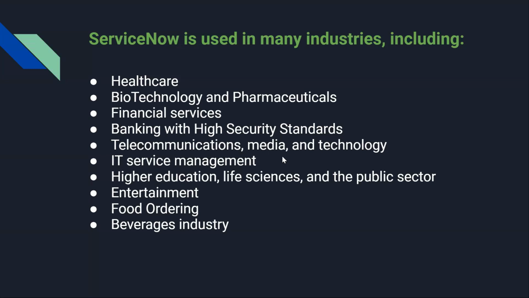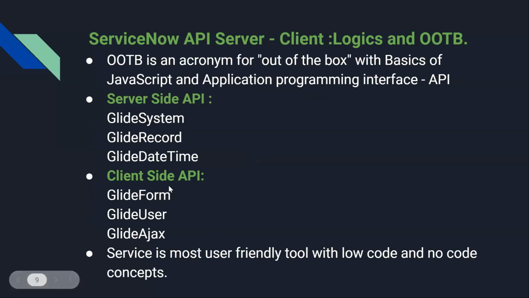Telecommunication, media, technology, IT service management, and even schools and the education system, you can implement this. Entertainment, food ordering, beverages, whatnot. Almost in all industries, ServiceNow is now ruling. Very big companies are in a race to be partners of ServiceNow. ServiceNow is a product-based company. It is a vendor to many other big clients.